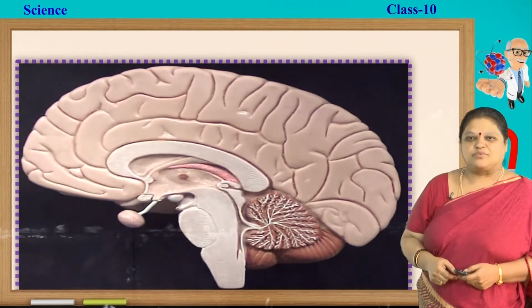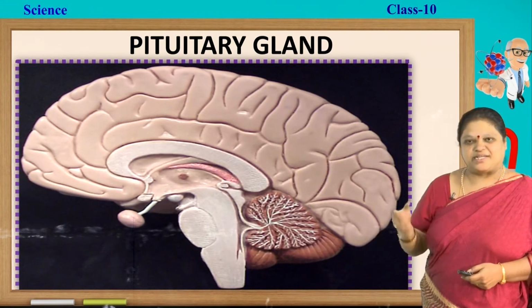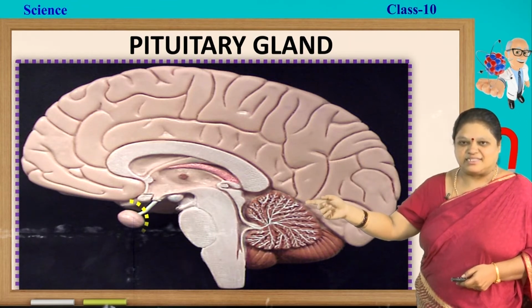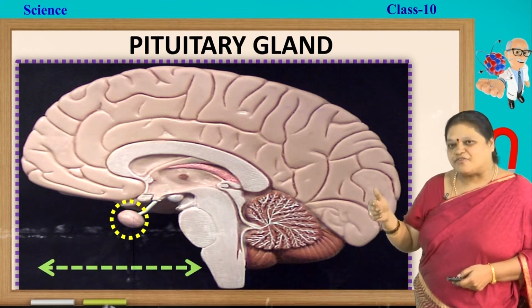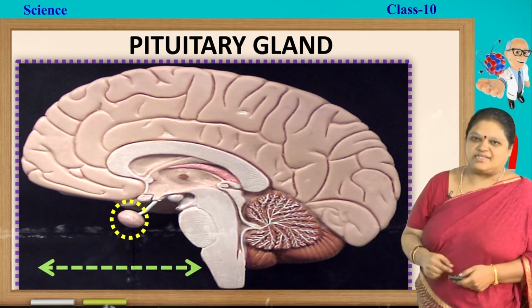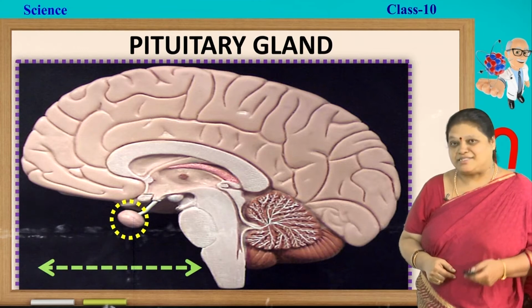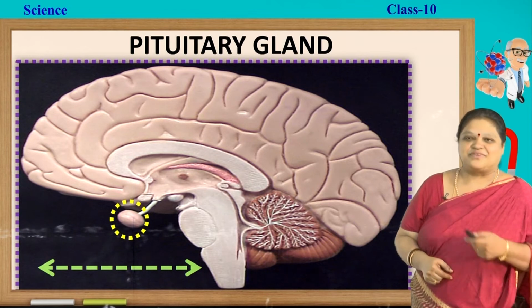First, we will come to the pituitary gland. The pituitary gland is present below the brain in the frontal region, you can see that. The size is very small, but though it is small, it has lots of important functions.